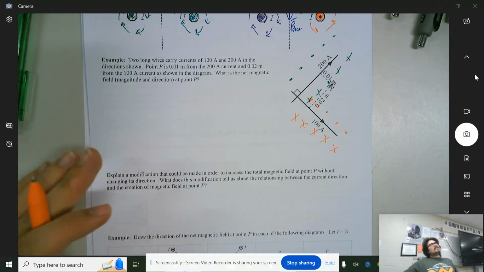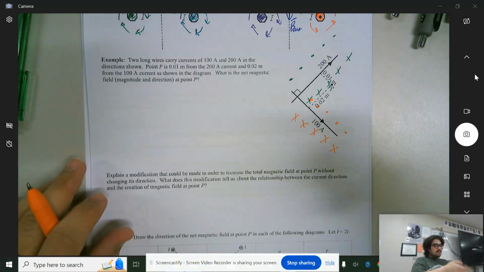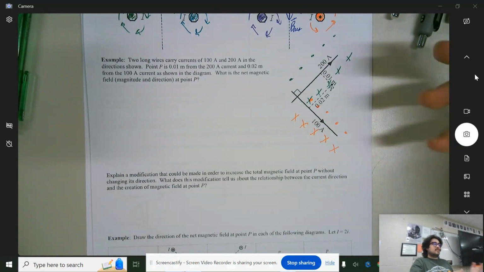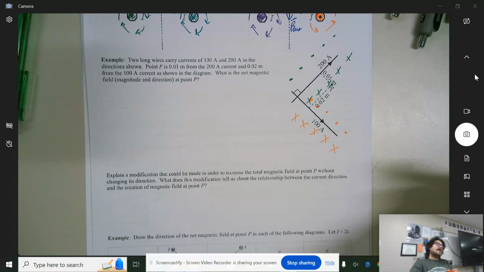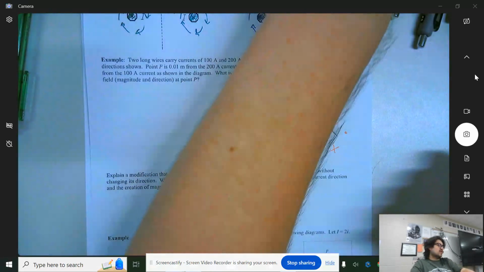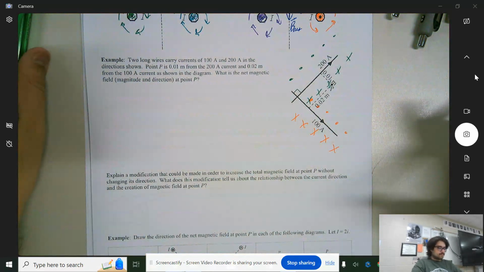So, oh gosh, that means that the magnetic field at point P, they're opposing each other, okay? But at least they're both parallel to each other, which means that we don't really have to do any trig yet, which is great. I don't want to have to do trig, okay?